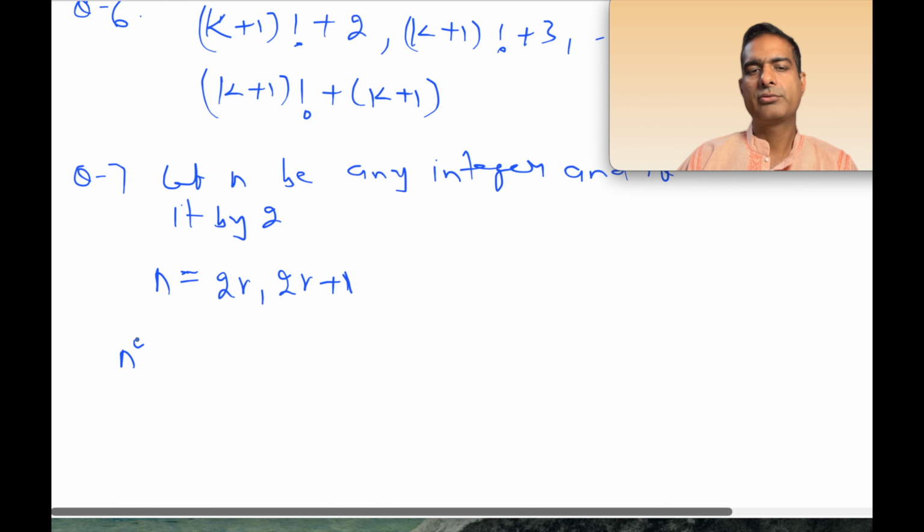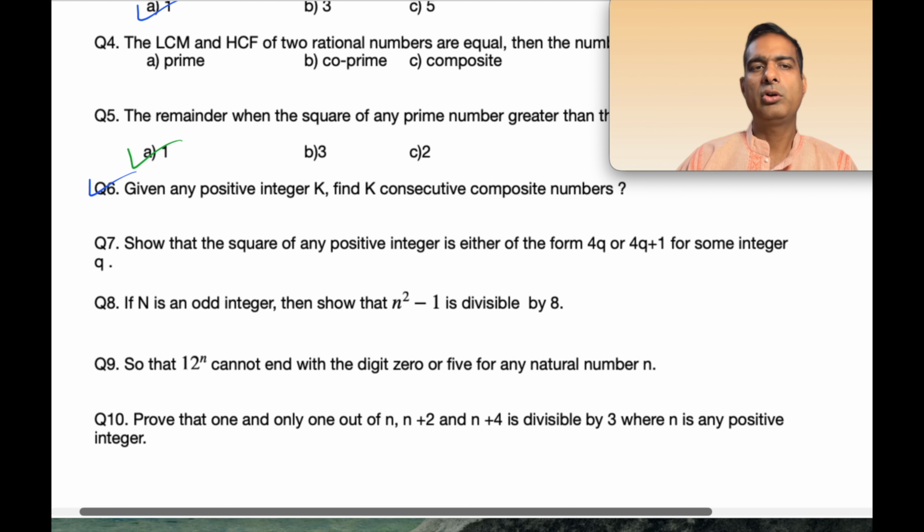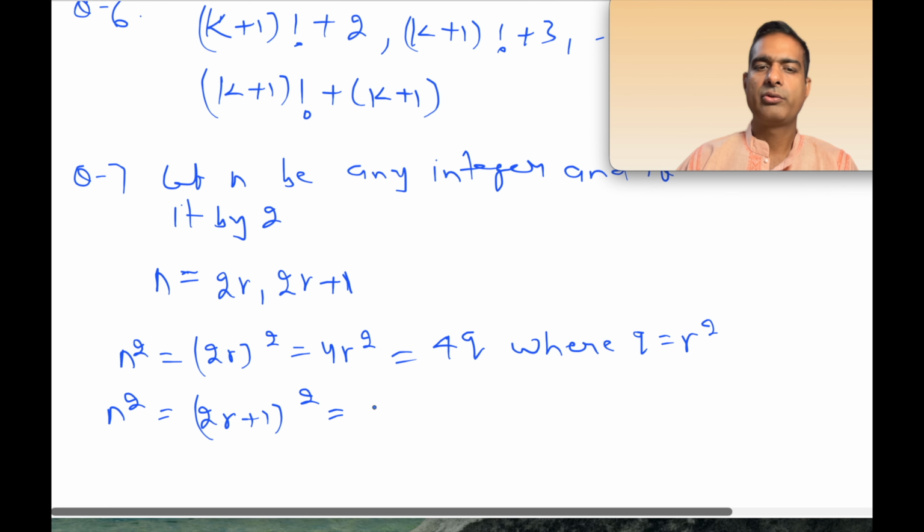So now if I square it, n square, so (2r) whole square will be 4r square. We want to show 4q or 4q plus 1. So this is of the form 4q where q is equal to r square. Now if n is of the form 2r plus 1, then n square will be (2r+1) whole square. So we can write it by using the formula (a+b) whole square.